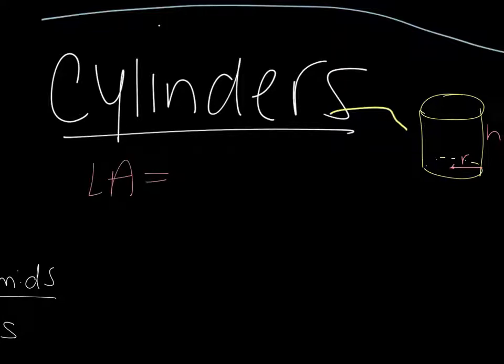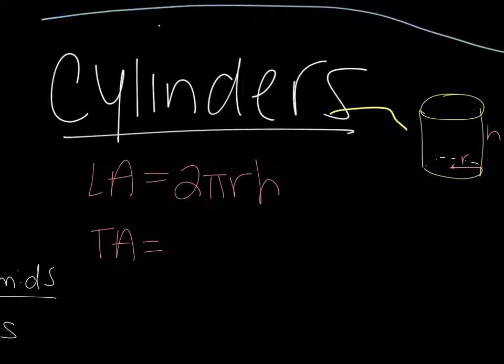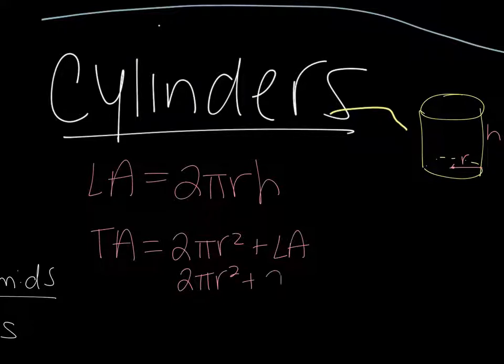Lateral area on a cylinder, because the perimeter of a circle is 2 pi r, would be my circumference times the height of the cylinder. The total area is 2b plus ph. Since b is the base of a circle, this is 2 pi r squared plus the lateral area, or 2 pi r squared plus 2 pi r h.